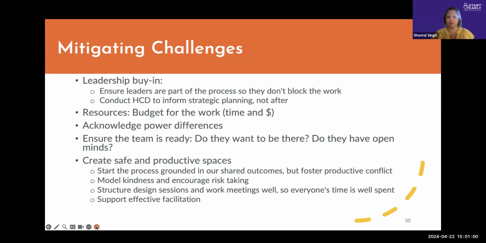And if you are going to stick to a strategic plan, which is a wonderful thing to do, you might want to conduct your human-centered design before you develop your strategic plan and not afterwards. Another challenge that we often see is, as you might imagine, this is resource-intensive work, both in terms of time, because oftentimes, actually all the time, this approach involves slowing down and stopping and checking in with people, and that takes both time and money.